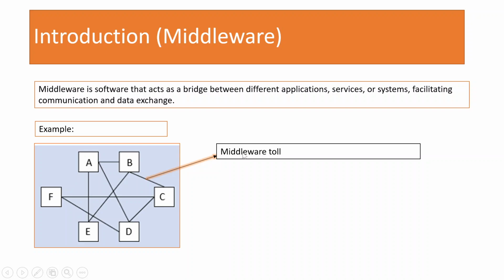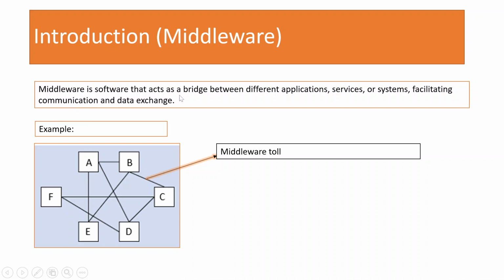Whether it is CPA, MuleSoft, or Dell Boomi, there are a lot of middleware and integration tools in the market. This is the traditional method before the integration bus. This is how connections are established between different systems.